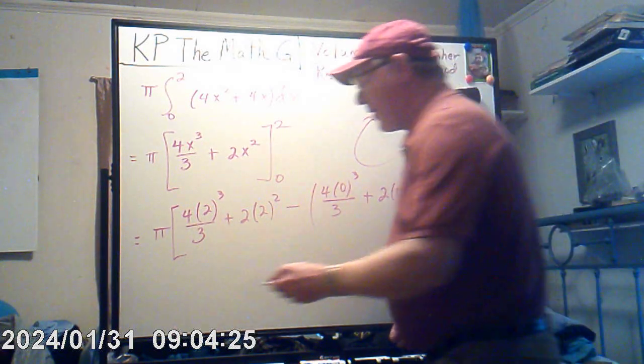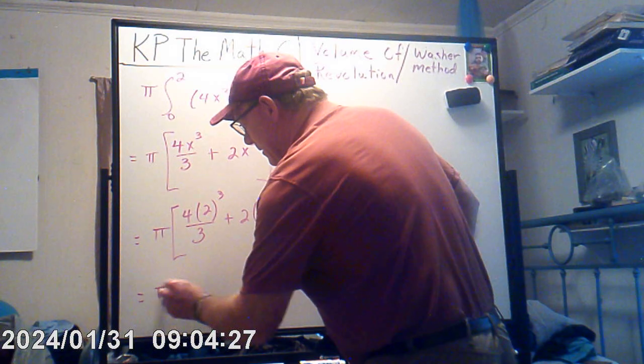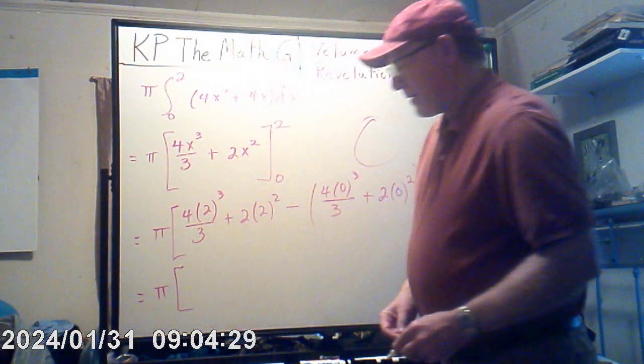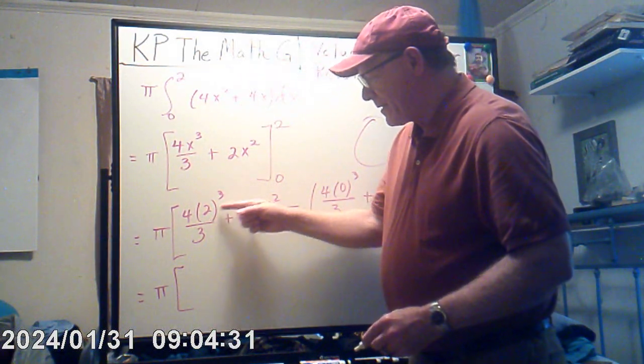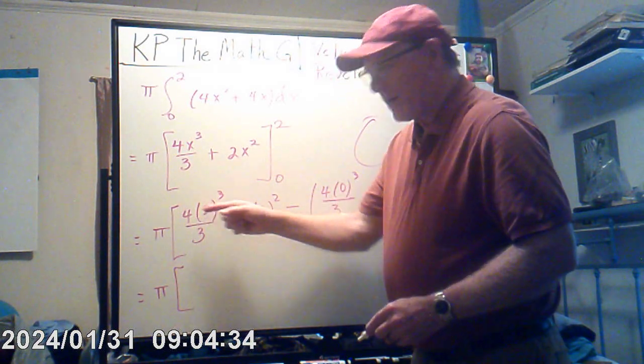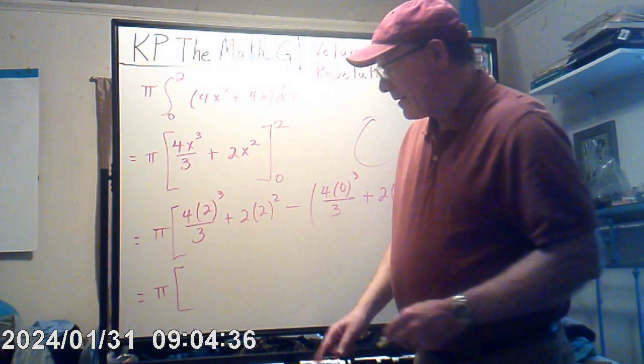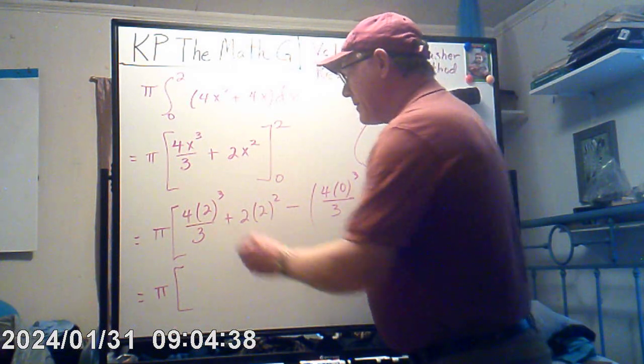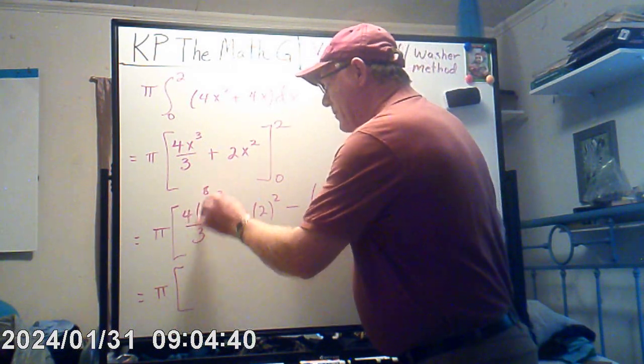Alright, let's carry on with the answer now. Pi. Now let's see, 2 cubed is 8. We don't multiply 4 times 2 first, do we? No. 2 cubed is 8. So 4 times 8 is 32.